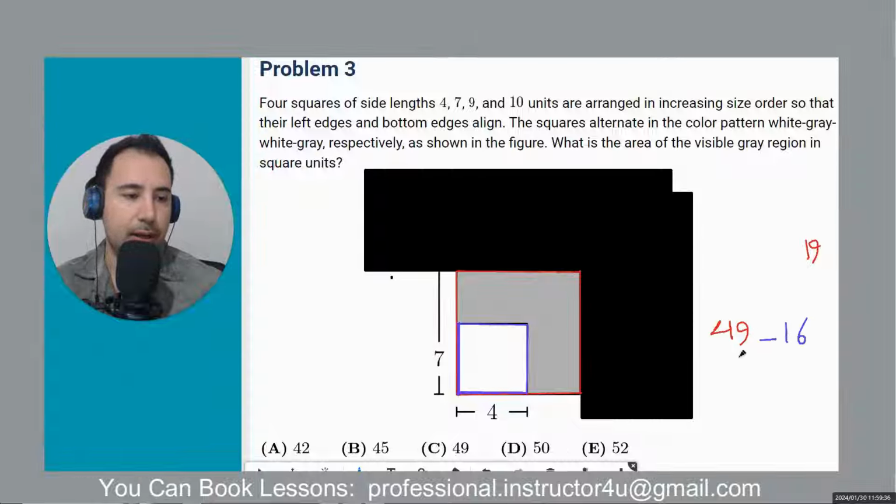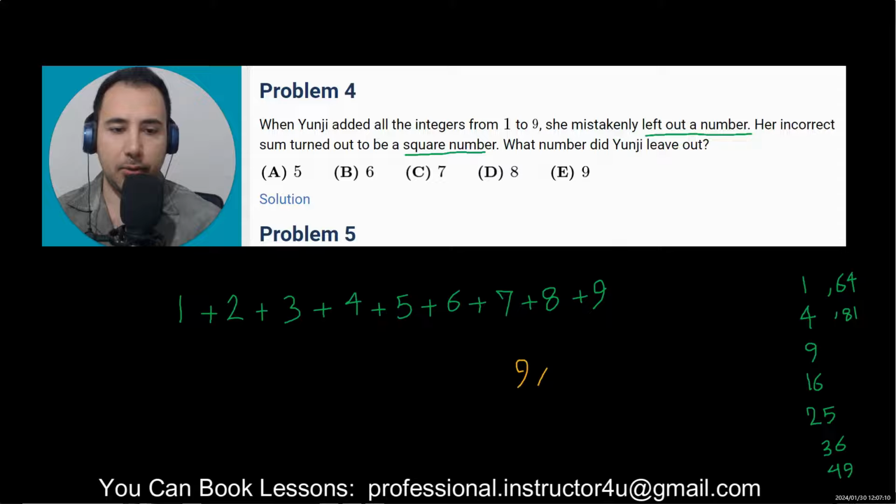Or you could use this idea here: I have 9 numbers, 9 multiplied by the average of the first one and the last one. So it's going to be 9 times, what is the average of the first and the last? 1 plus 9 divided by 2. 1 plus 9 is 10, divided by 2 is 5.